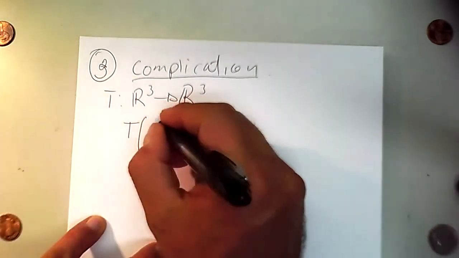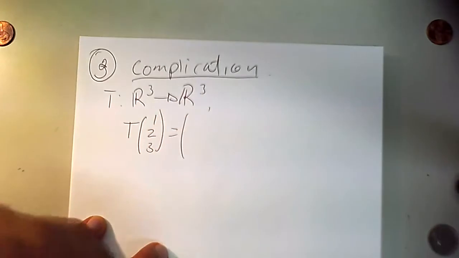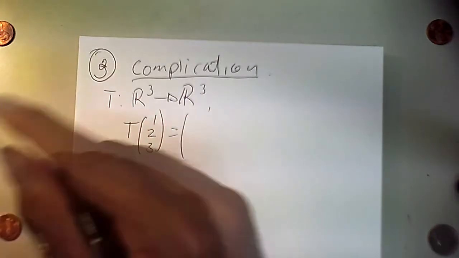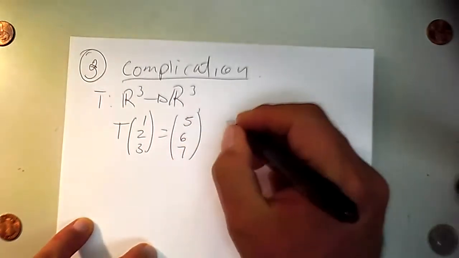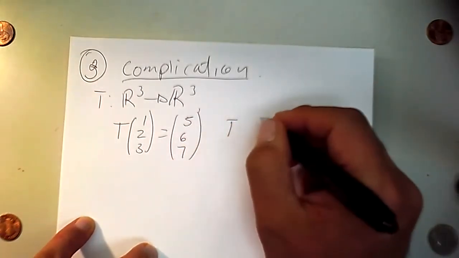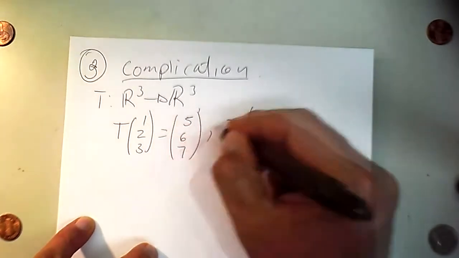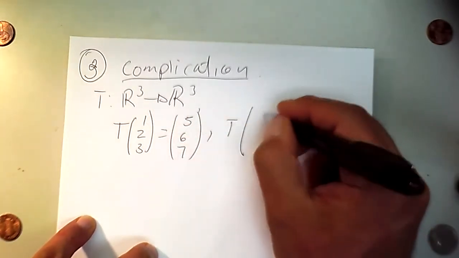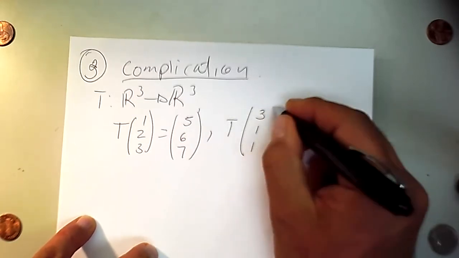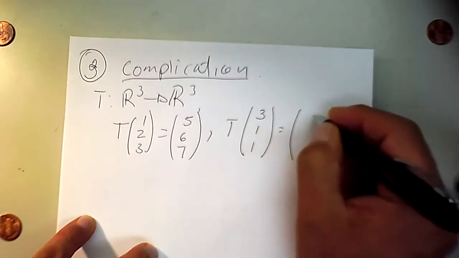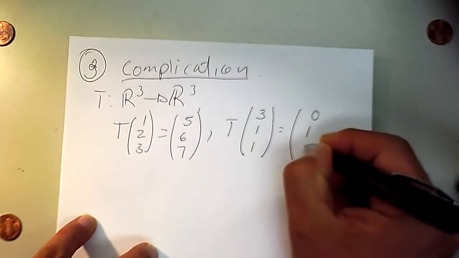I'm going to give you T of 1, 2, 3. And let's say it is 5, 6, 7. And I'm not going to give you T of 0, 1, 0. What about 3, 1, 1? And that is going to be 0, 1, 2.